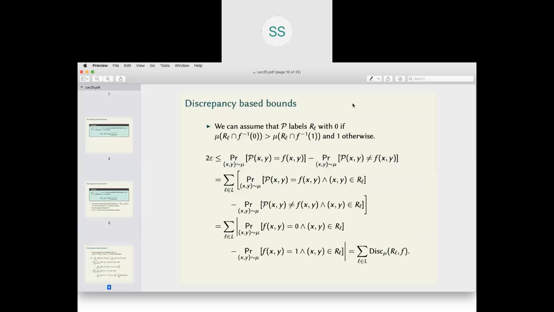Now we know it's a rectangle in the sense of the protocol, so the protocol is going to output all zeros or all ones once you get to that leaf, right? So consider a leaf rectangle. The protocol is going to output all zeros or all ones if the protocol reaches that leaf.